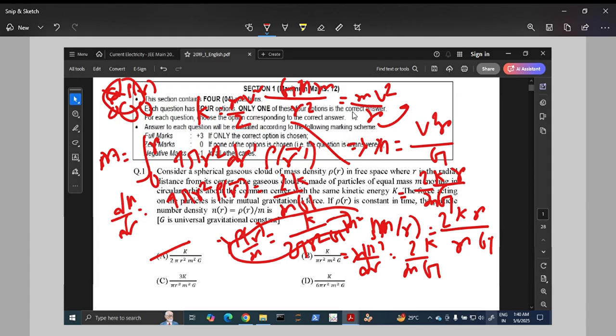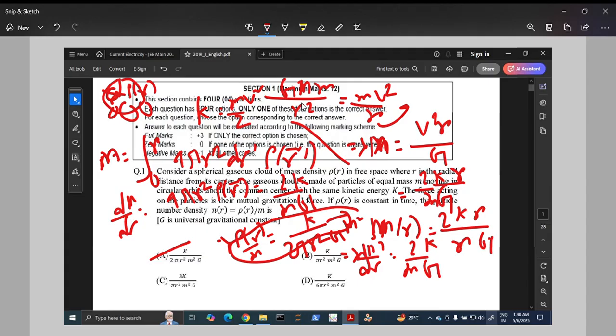From this equation, this capital M is the total mass of the spherical cloud within radius 0 to small r, and this is the definition with r prime squared dr prime.